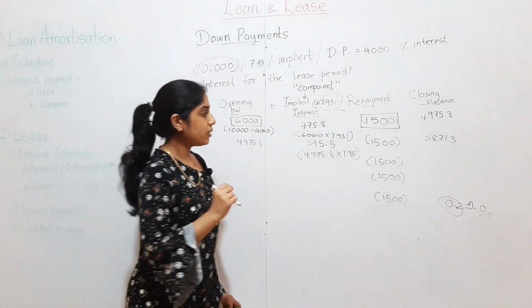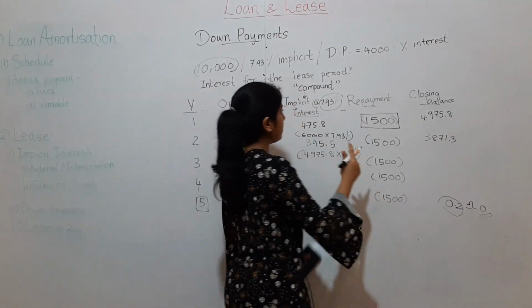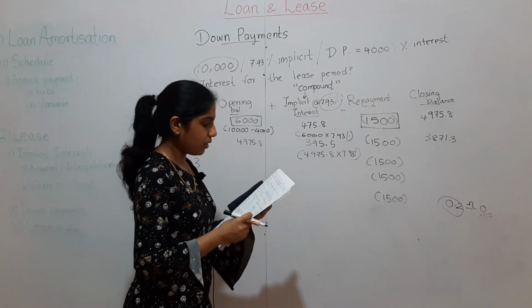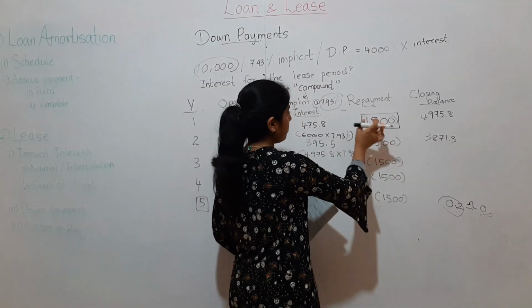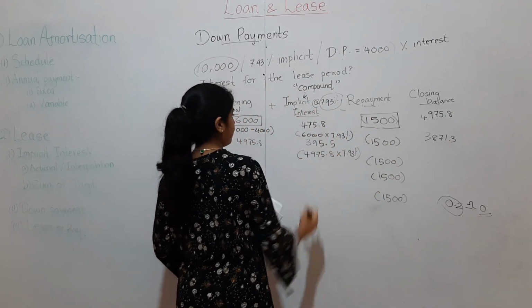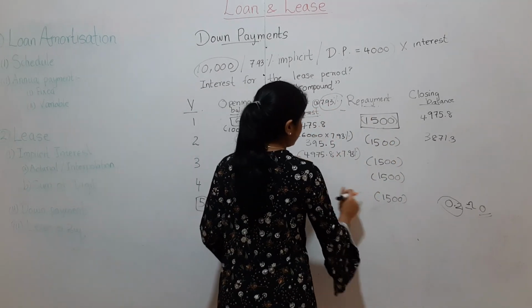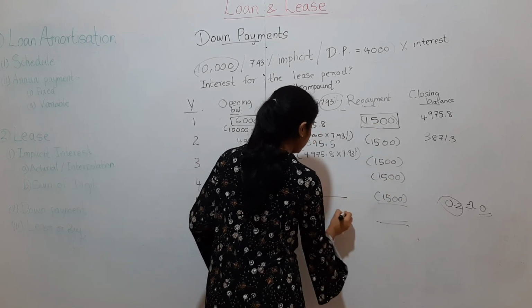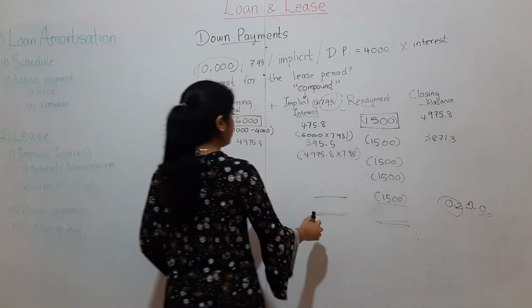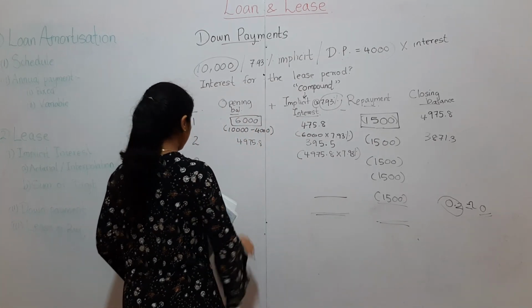Fine. But the question asks, what is the total interest amount for the lease period? So, we have to complete this column. This is the total repayment. This will be the total interest that we need for the question.